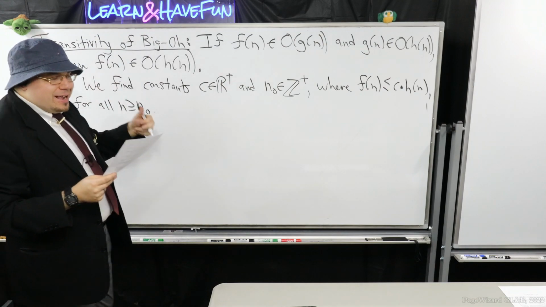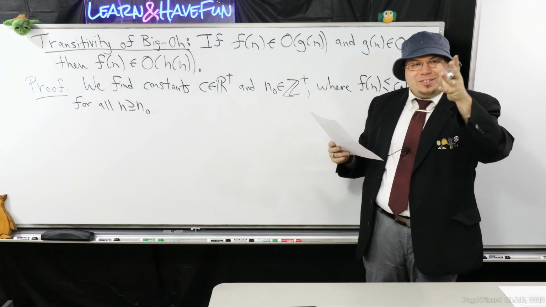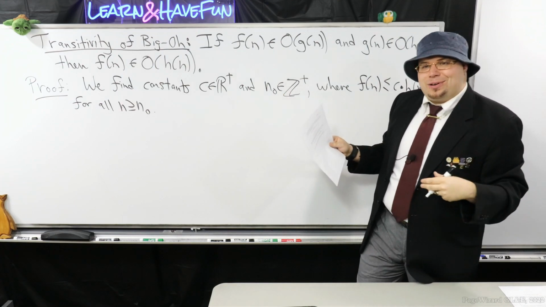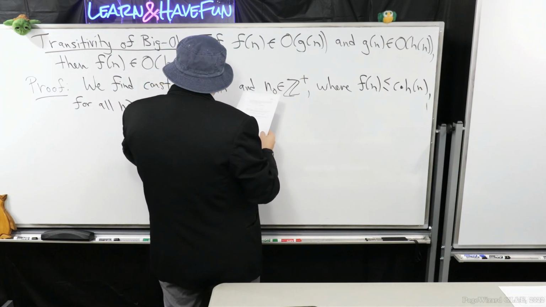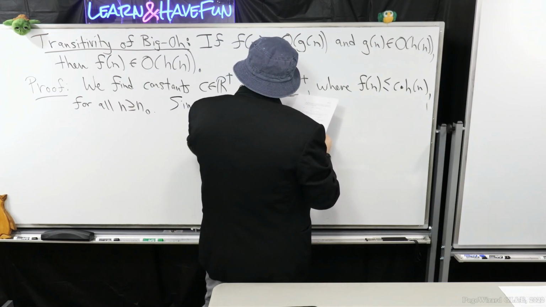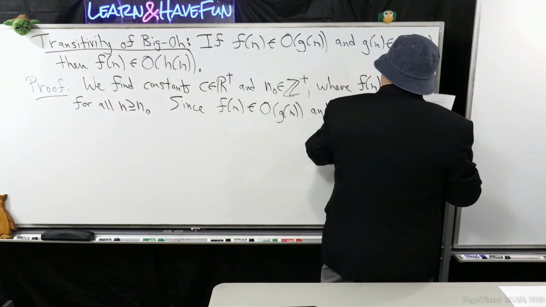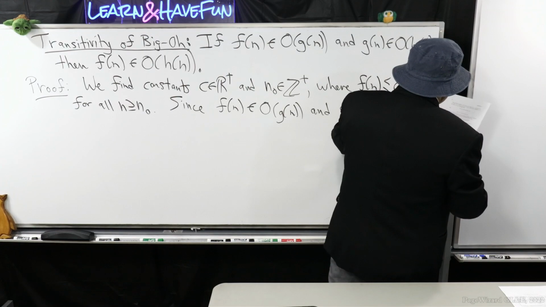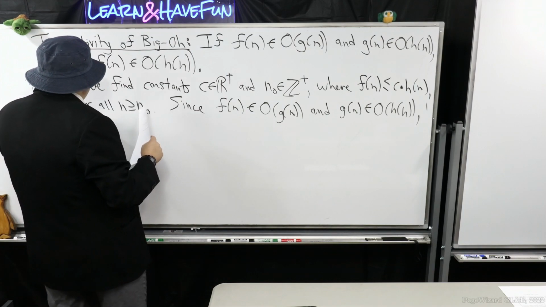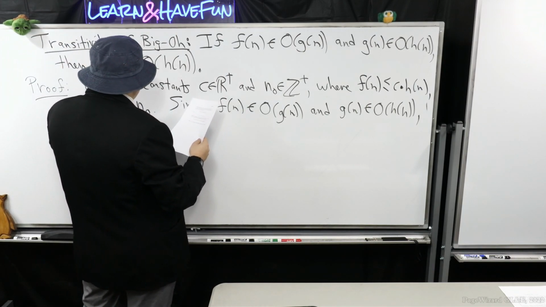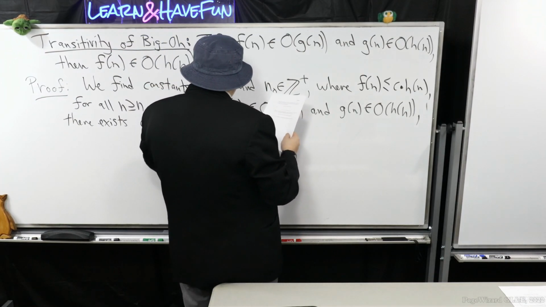So we know that f is big O of g, and we know g is big O of h, so we're just going to invoke and use existential instantiation to make that happen, okay? We're going to come up with names for those constants. Since f is big O of g, and g is big O of h, there exist constants C1, C2, which are going to be positive real numbers.